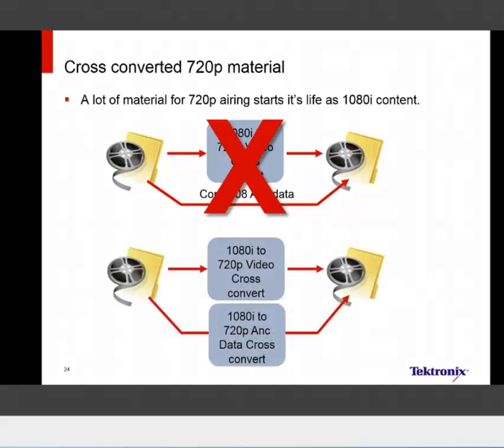In this case, what you actually need to do is cross-convert the video from 1080i to 720, and you also have to cross-convert the caption data packet and repackage it from a 1080i packet to a 720 packet so that it can be put in twice as often but only have the correct amount of data in it each time that it is inserted. This is where I'd say the majority of 720 problems exist, is in doing this.